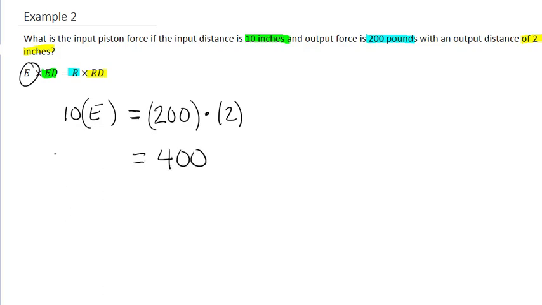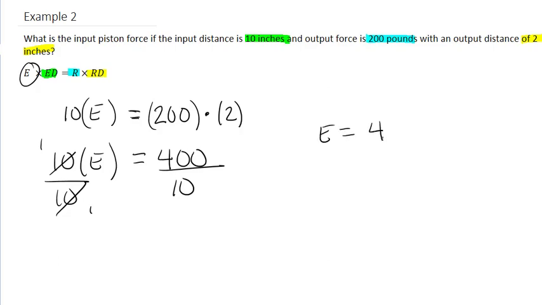Then we have 10E on the left. To get E by itself, we divide by 10. These are just ones, and we have to do it to the right-hand side too, because whatever we do to one side, we do to the other. So now E becomes 40. This is in pounds.